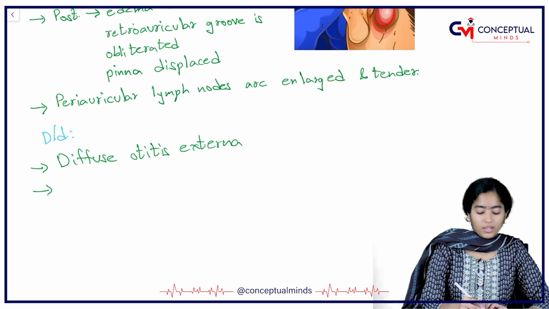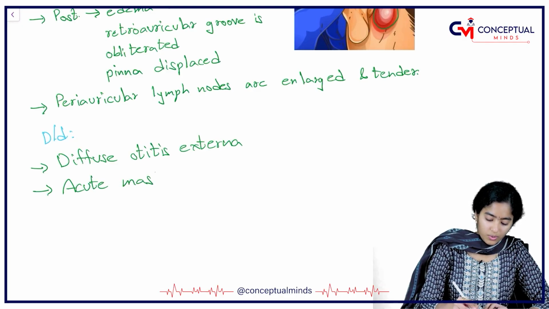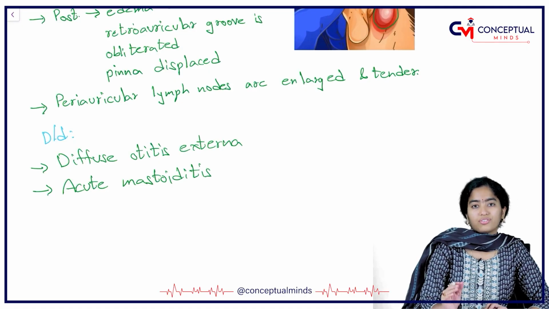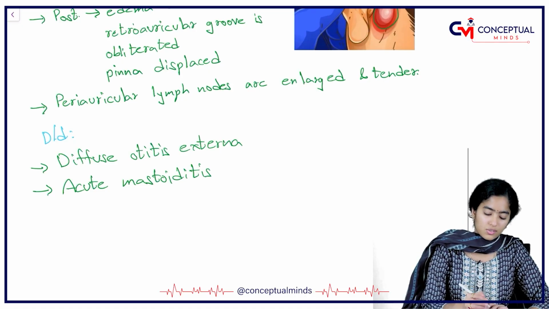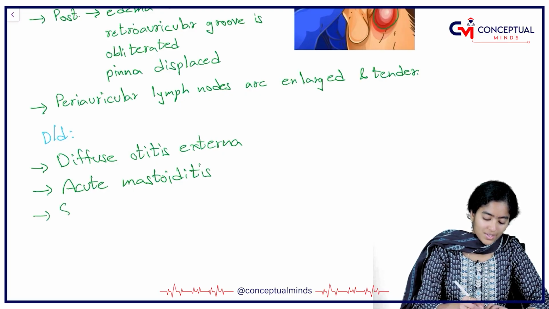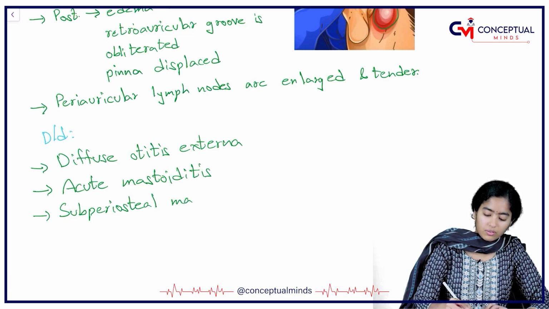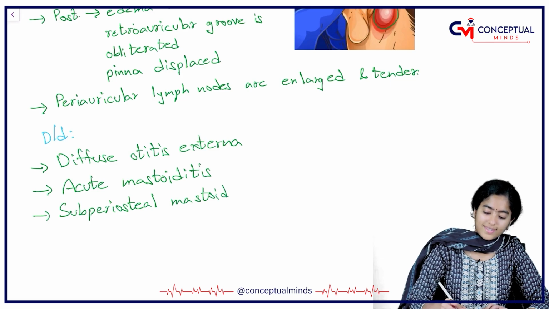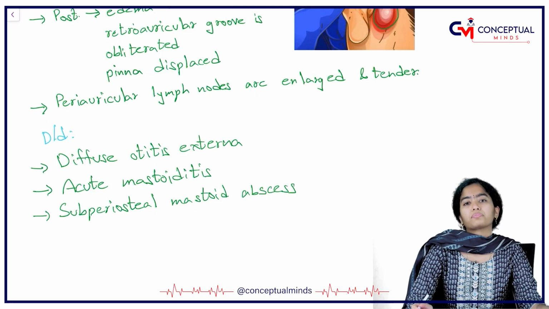Second, it could be a case of acute mastoiditis because there is swelling over the mastoid. It is not necessarily a furuncle on the posterior meatal wall. It could also be acute mastoiditis. It can also be subperiosteal mastoid abscess. These are the three differential diagnoses that are possible.